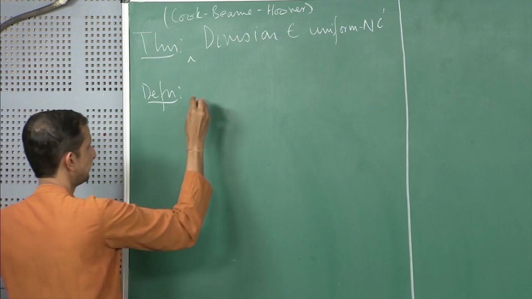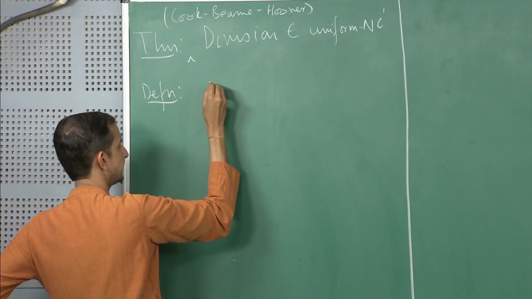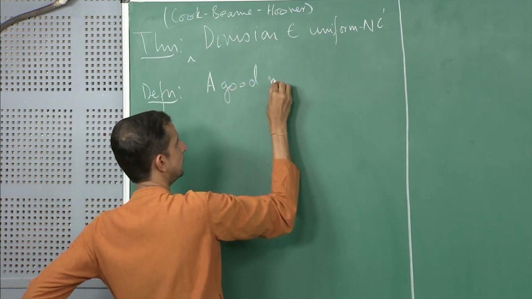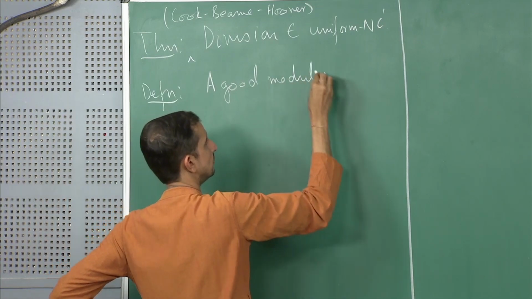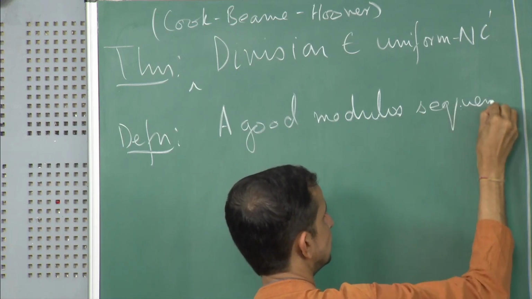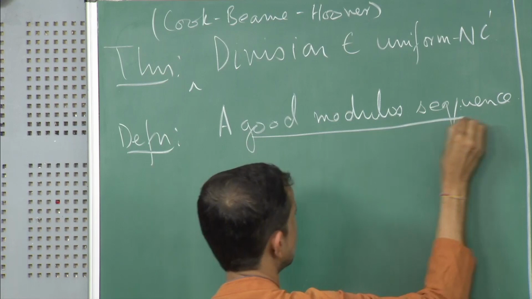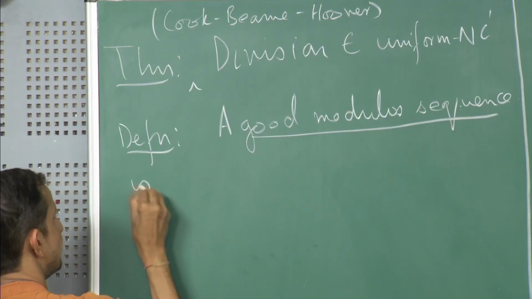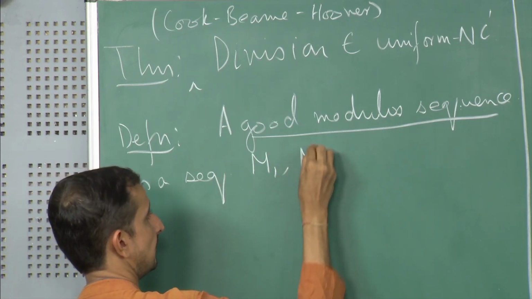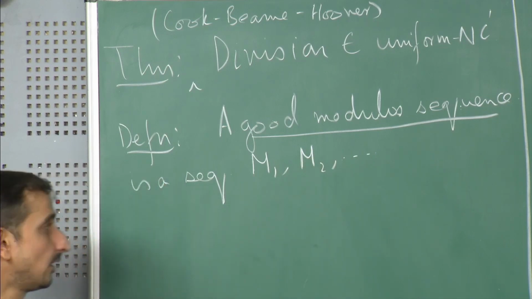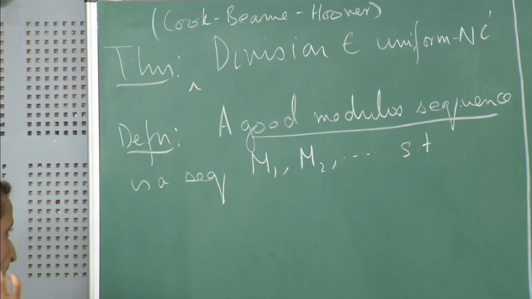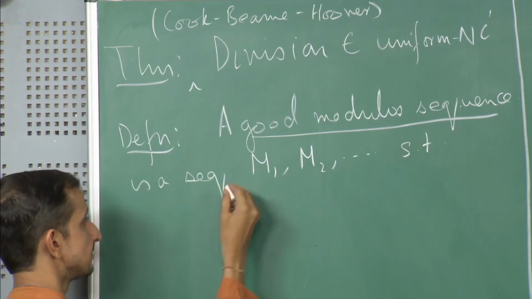So we will define something called a good modulus sequence. A good modulus sequence is a sequence M1, M2, and so on, such that Mn has two properties.